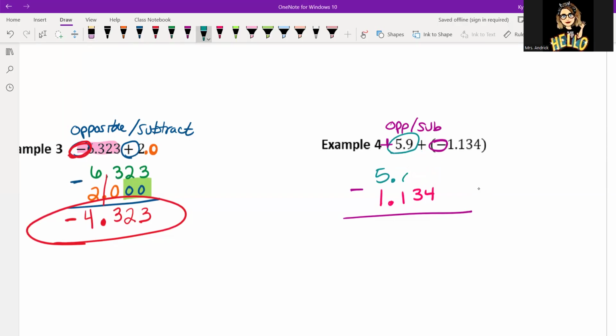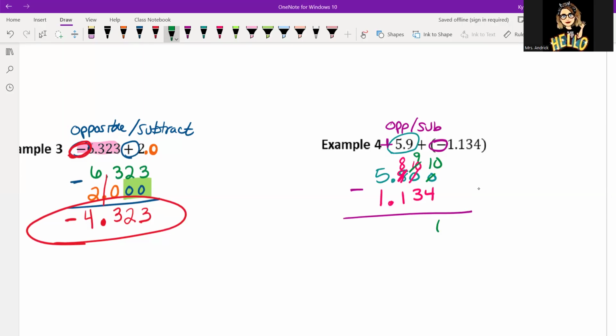We had an 8, 0, 0 here. We can't do 0 minus 4, so we have to borrow, but we can't borrow from 0. So we have to borrow from the 9 in order to make this 0 a 10. But we were borrowing, so this 10 becomes a 9 and this 0 becomes a 10. And now we can subtract.